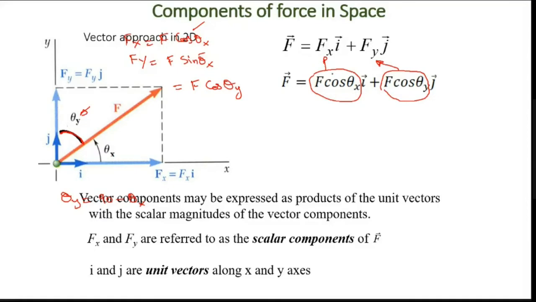So when I put sigma fx is 0, I have to add all your i components, if you have 5 or 6 forces, and equate it to 0. Similarly, for sigma fy equal to 0, add all your j components and equate it to 0, right? This one I can also write in terms of unit vectors. A unit vector is one which mentions the direction, right? This is the identification of direction.